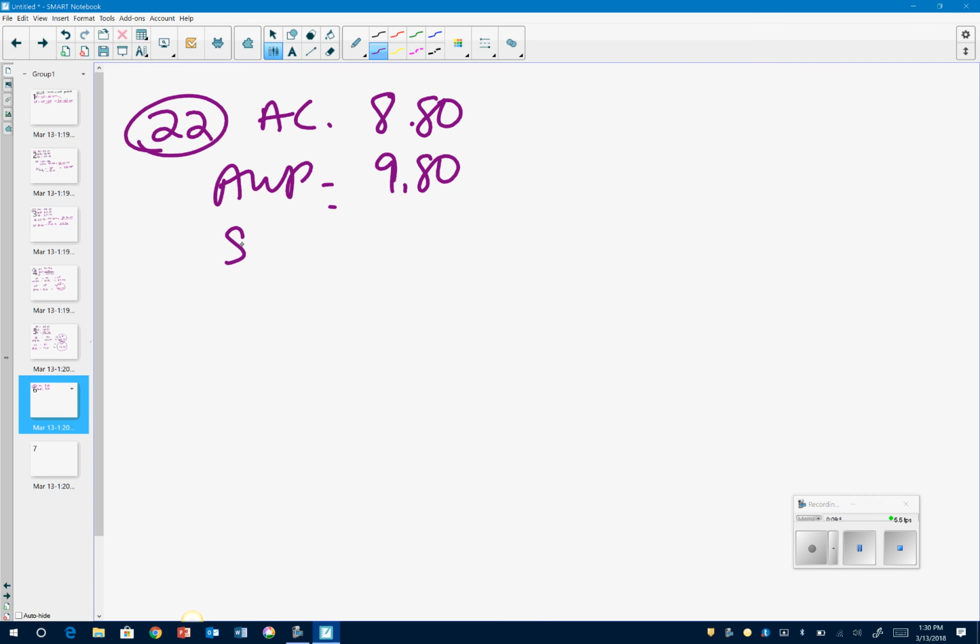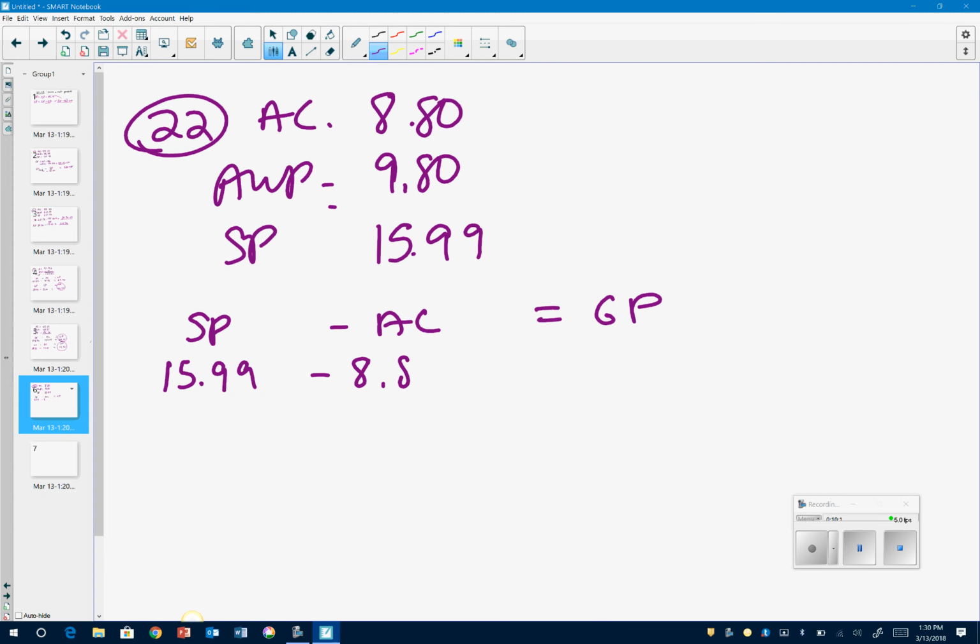And your selling price, of course, is $15.99. Okay, so again, you take your selling price minus your acquisition cost, and that equals your gross profit. So it'd be $15.99 minus $8.80, and you're going to get $7.19 for your gross profit.